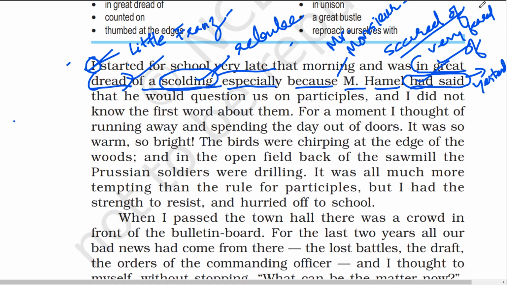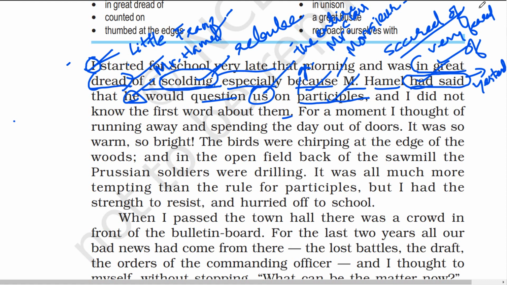His teacher had told him that he would question. He here means Mr. Hamel. He would question us. Us means the entire class. So what are participles?